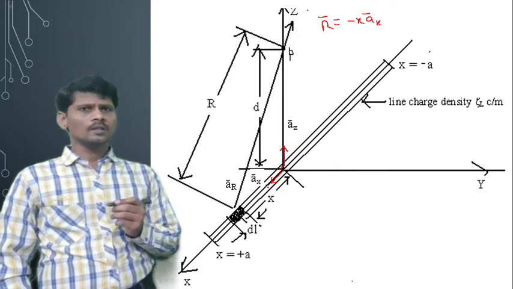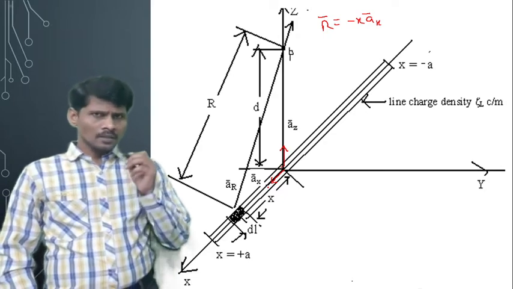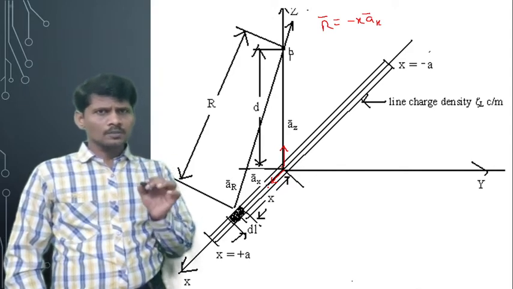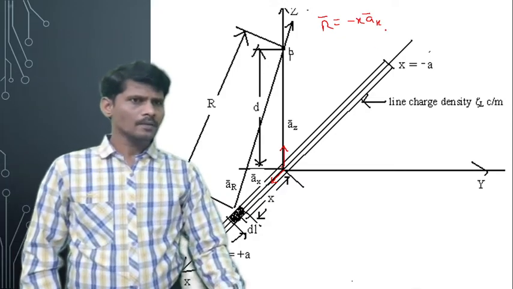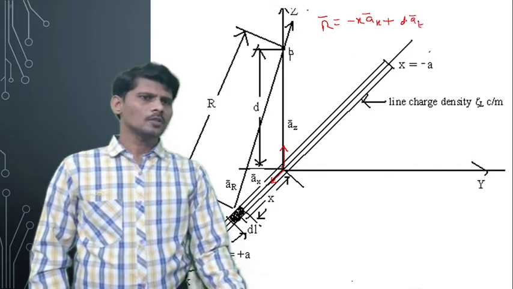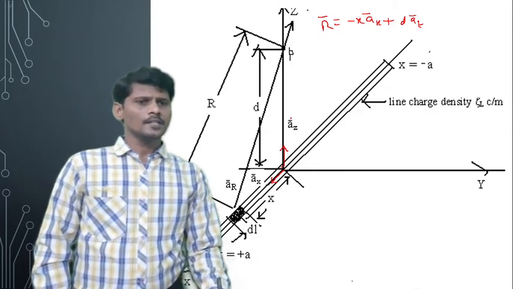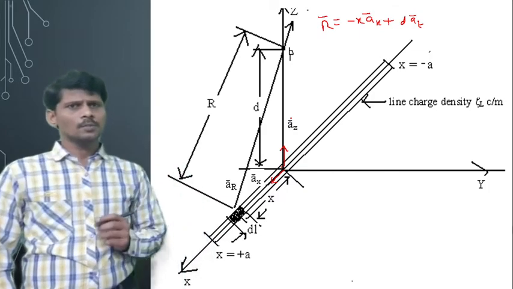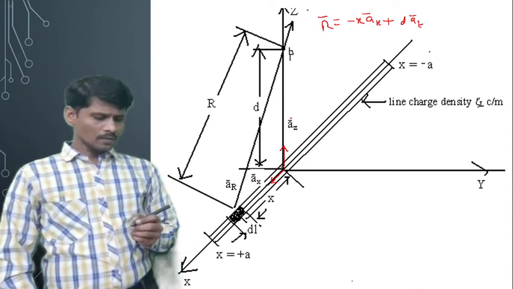Ax bar unit vector is not moving towards point P, and the electric field intensity is calculated at point P. So because of that, ax bar is a negative sign. Plus d into az bar. So what is the small d? Small d is the distance from origin to the point P, and az bar unit vector is moving towards point P, so that is considered as a positive sign. So this is the distance vector capital R bar from the figure.